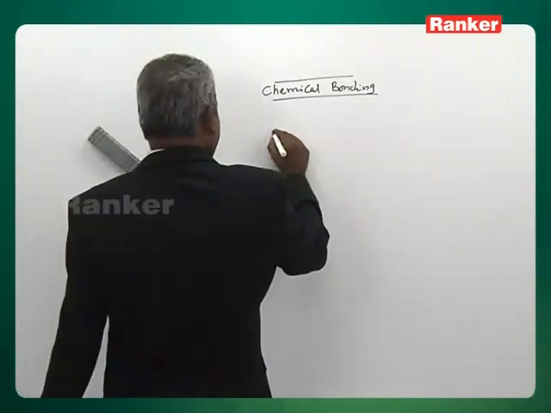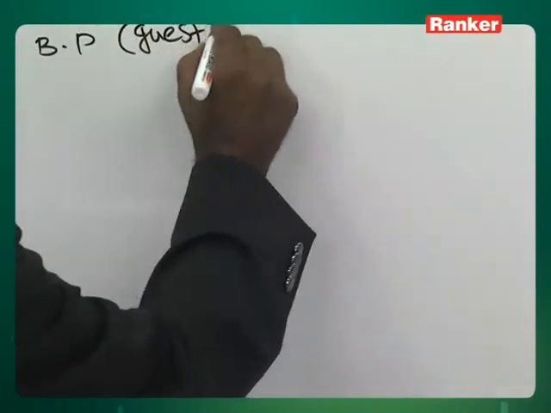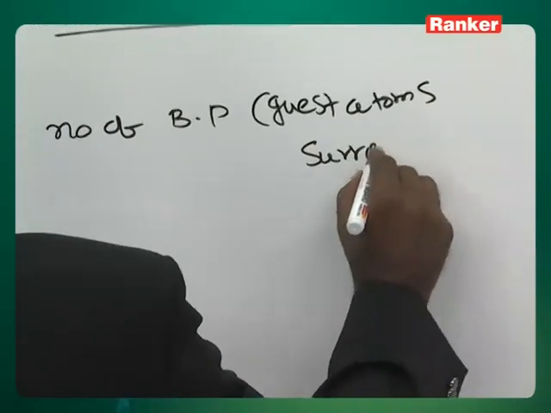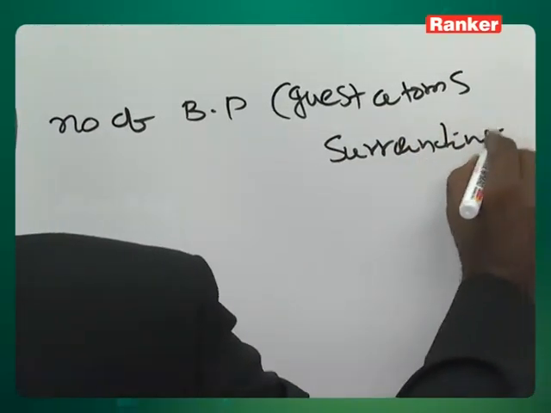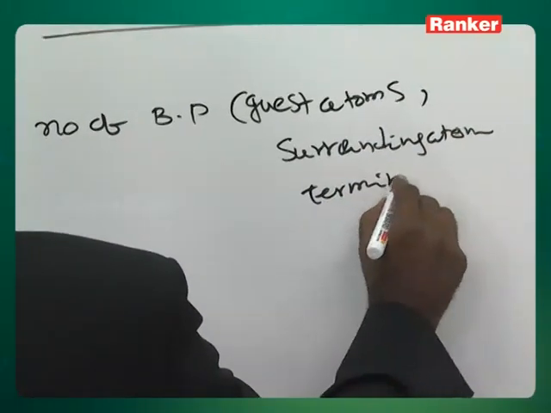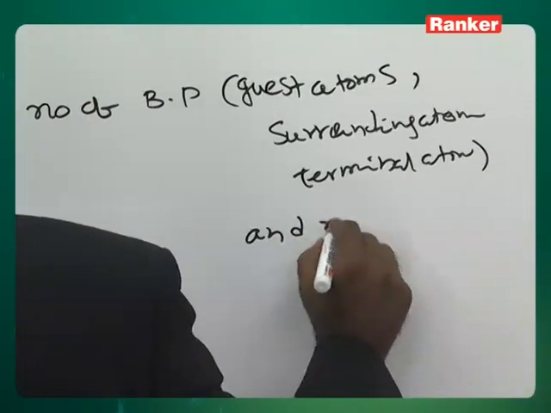The shape of a molecule depends on the number of bond pairs, guest atoms, surrounding atoms, terminal atoms, number of bond pairs and number of lone pairs.